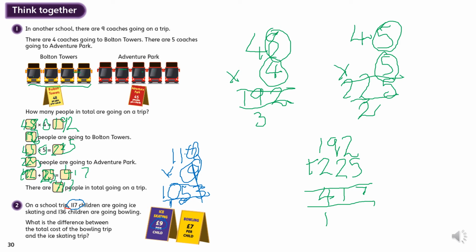And then I look at my next question, because we need to answer that. There are 136 children going bowling, and it costs us £7 each. So I would do 136 multiplied by 7. 6 times 7, Mrs. Bailey's favourite, is 42. So my 2 goes in my ones column, and my 40 goes underneath.